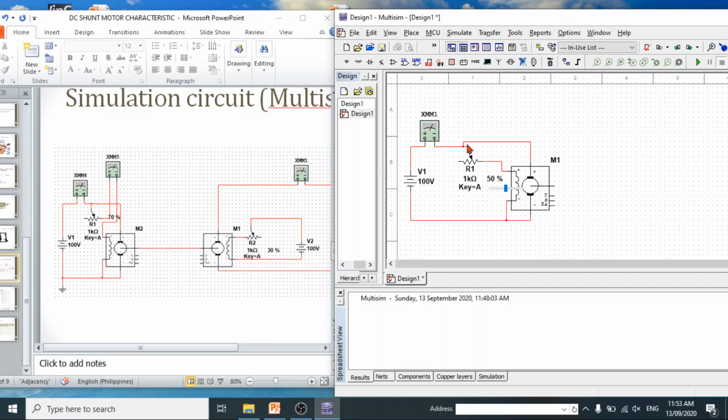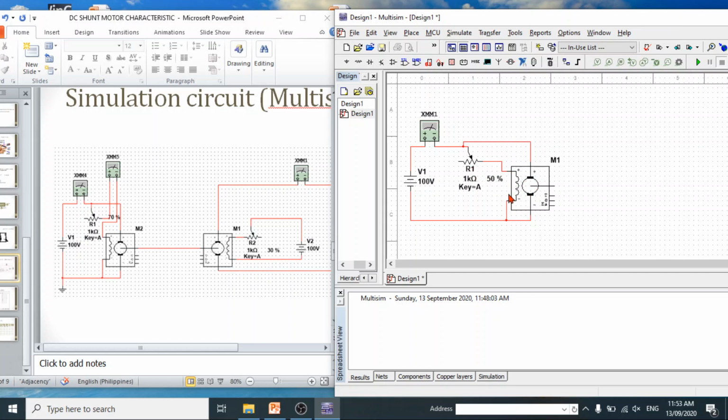As you notice, the armature of the motor is connected in parallel with the series combination of the potentiometer and the field winding. The purpose of the potentiometer is to vary the current flowing in the field winding, which in turn will also vary the speed of the shunt motor.